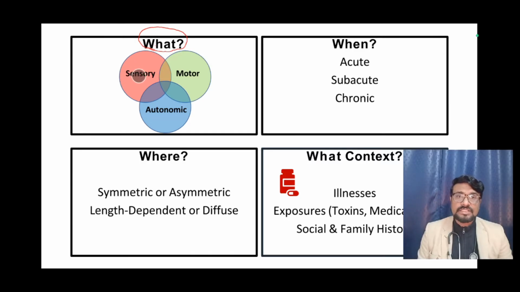This patient has sensory and motor symptoms, along with autonomic symptoms in the form of constipation and bloating. Is this an acute, subacute or chronic presentation? Is it symmetrical or asymmetrical, length dependent or diffuse? Is there any illness, exposure to toxins, medications, or any social or family history relevant in this case?